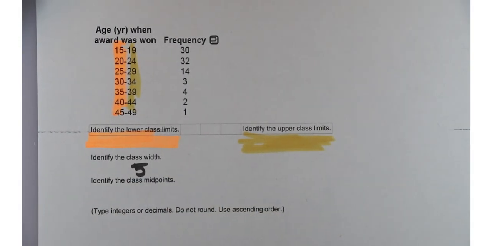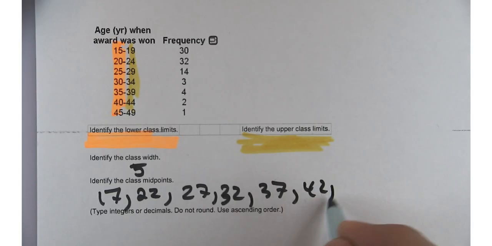The class midpoints, well, for those, you're just going to average these and find out what's in the middle of those. So in this case, it'd be 22. And then, well, we got another one here that's 17, etc. And this is going to increase by the class width. 27, 32, 37, 42, and 47.